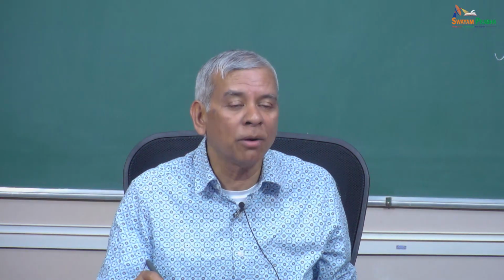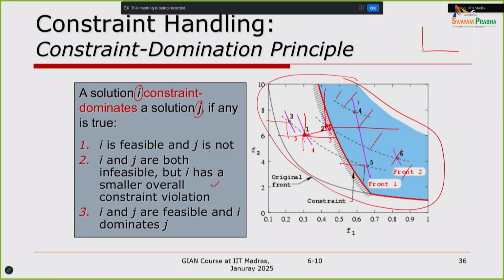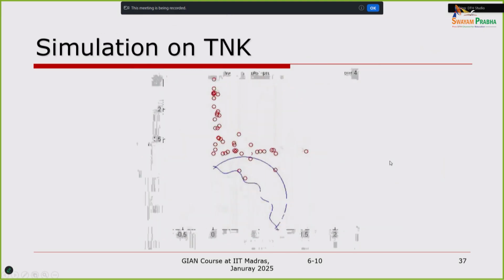This one will have small constraint violation, then 2, then 1. So 2 is going to be better than 1. So 2 constraint dominates 1. So that's the second condition, very similar to the single objective one. And then if both are feasible, like 5 and 6 both are feasible, then 5 dominates 6 with the objective values. So that's why 5 is better than 6.